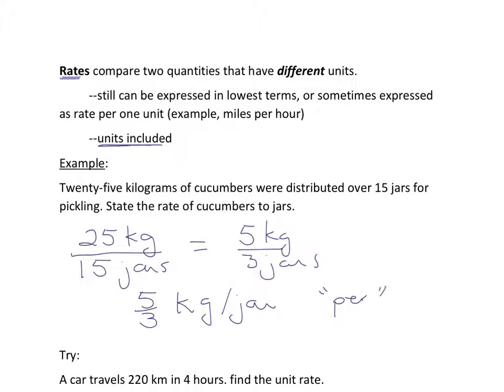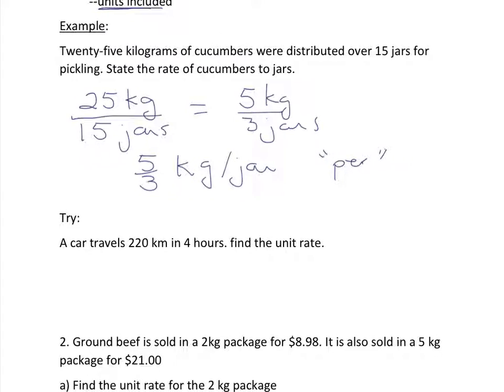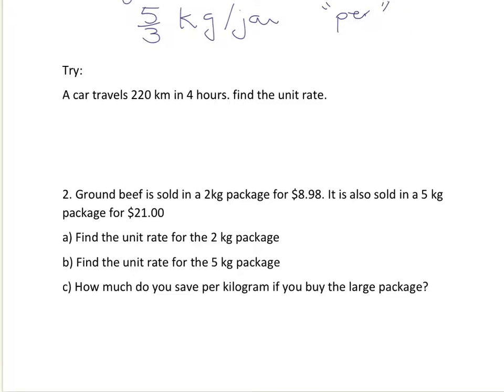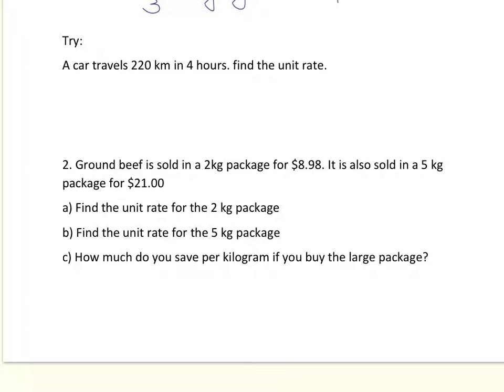So let's try another one here. A car travels 220 kilometers in 4 hours. Find the unit rate. And again, you might want to press pause and try that. So I've got 220 kilometers per 4 hours.